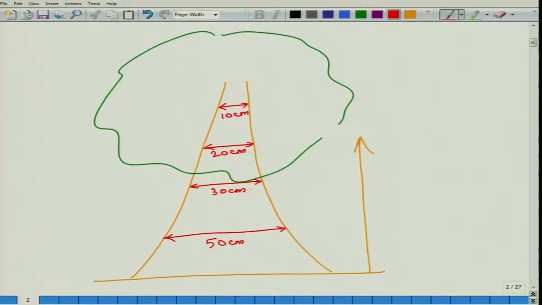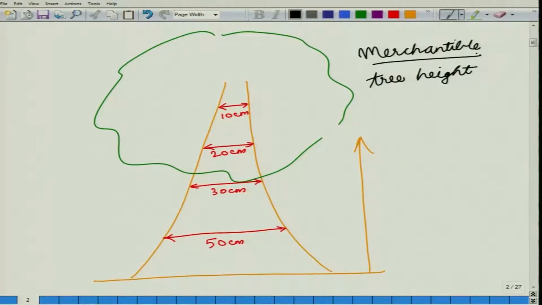Now, when we are talking about the merchantable tree height, so merchantable means something that can be used by merchants or something that can be used commercially.